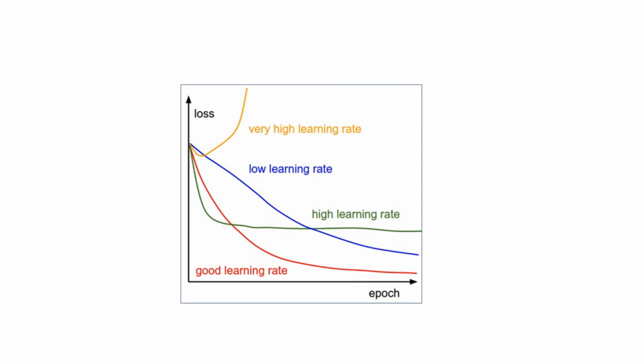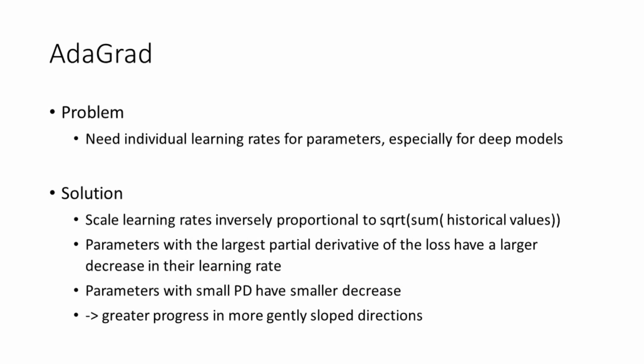High learning rates, you'll have the same effect of jumping across the bottom of the bowl. And then a good learning rate ideally will take you all the way to the bottom of the bowl. But some parameters might need to change at different speeds compared to other parameters in order to be minimized fastest. And so that's our motivation for this next algorithm.